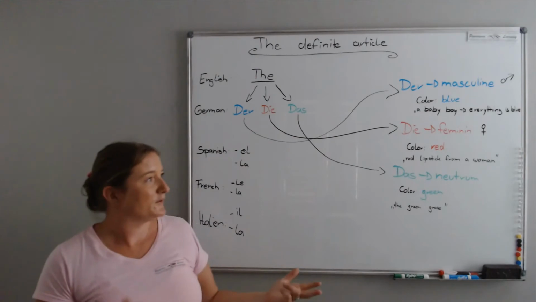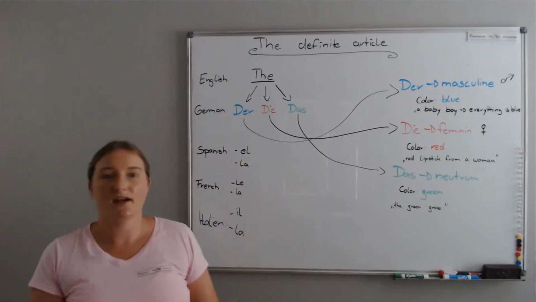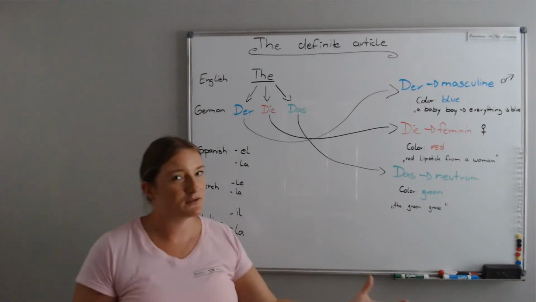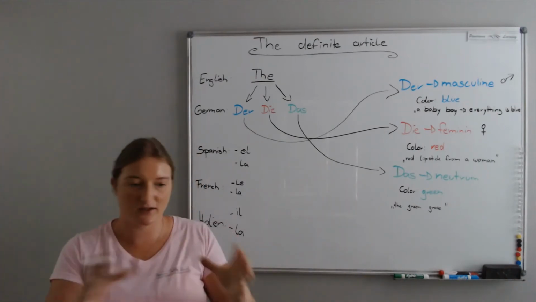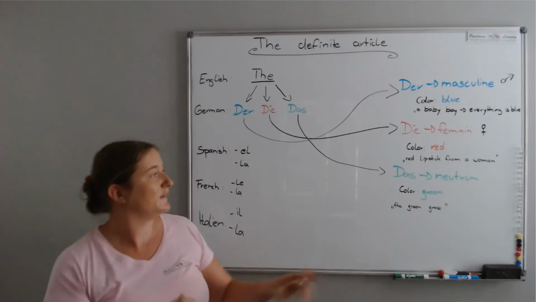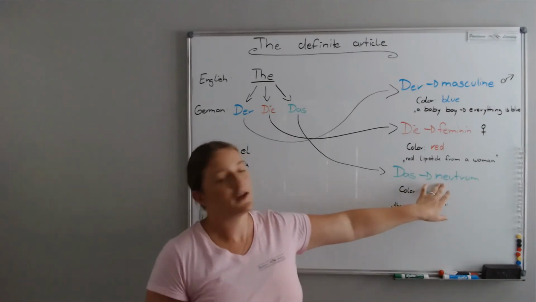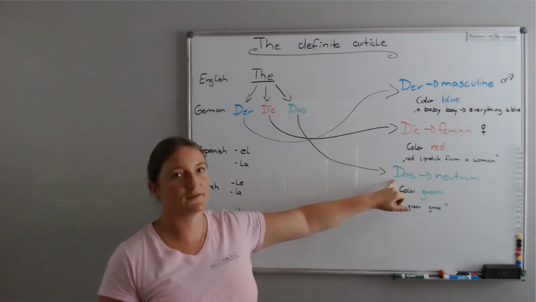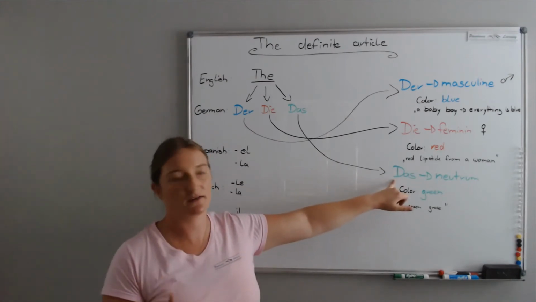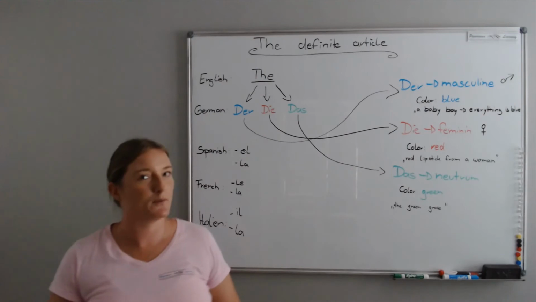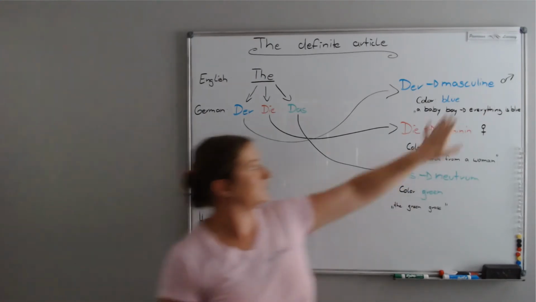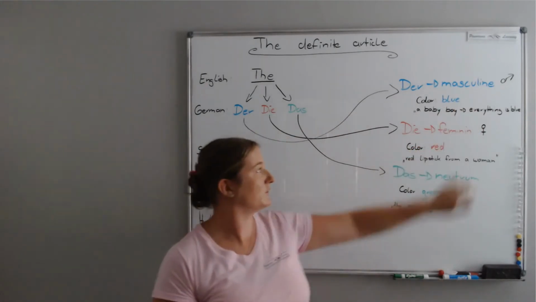And the third category we have in German is for, let's say, if it's not quite masculine, it is not feminine, then we have a group in between. And this we call the neutral, the neutrum zone. Das is the third definite article which you can find in the German language for all the nouns which are not masculine and not feminine.